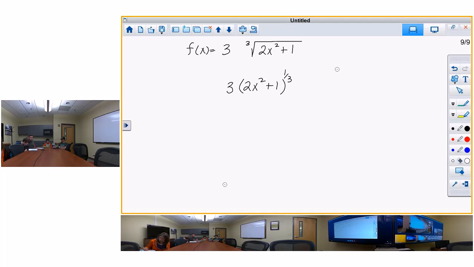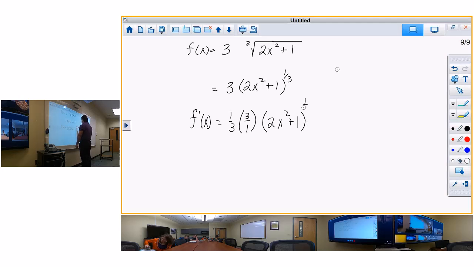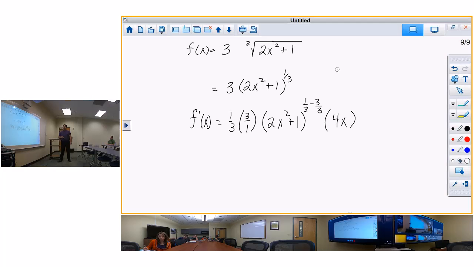So that's going to be f prime of x is equal to 1/3 times 3 over 1 times 2x squared plus 1 to the 1/3 minus 3/3 times, what's the derivative of 2x squared plus 1? 4x. And now clean it up.